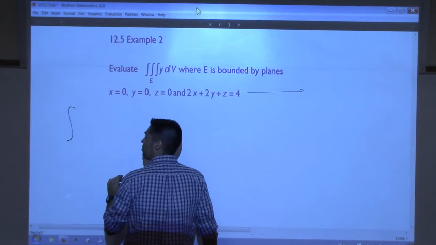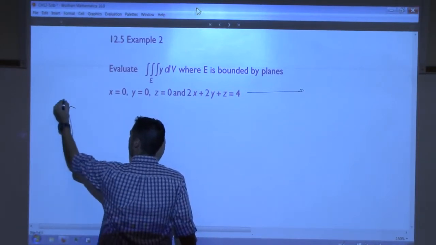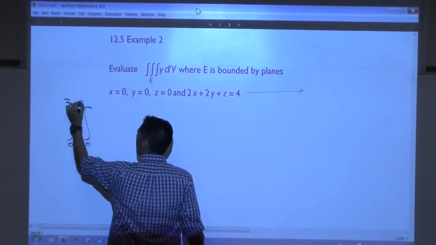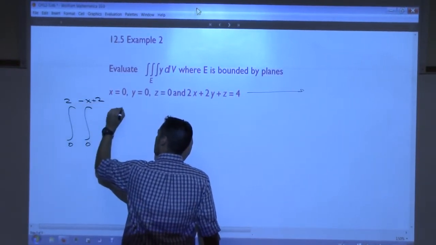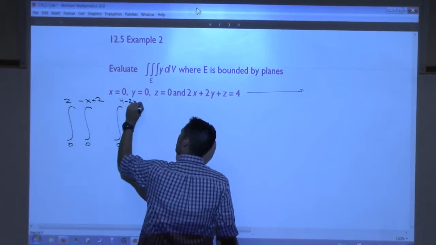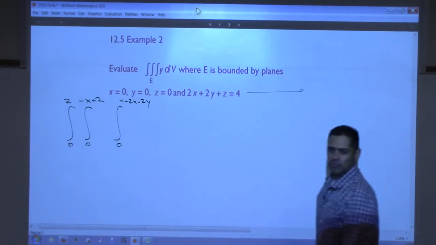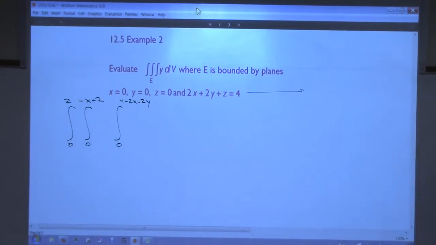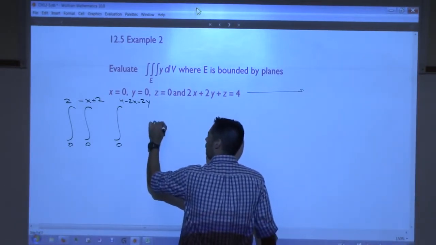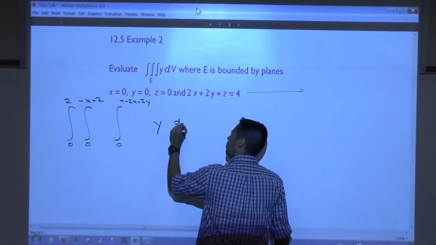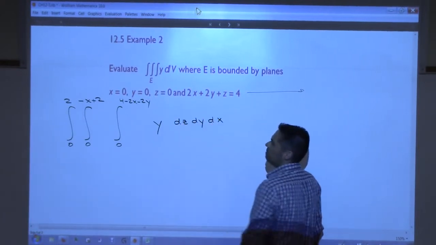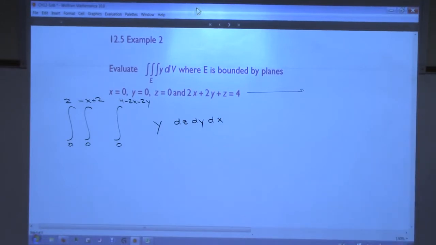My limits on x were 0 to 2. My limits on y were 0 to negative x plus 2. My limits on z were 0 to 4 minus 2x minus 2y. What function am I integrating? Y, with respect to z, y, and x. That's it. That's the setup.